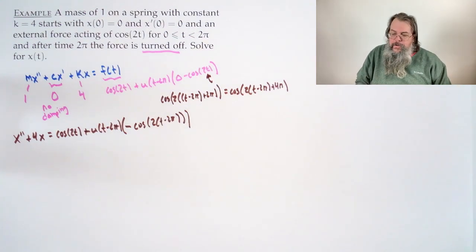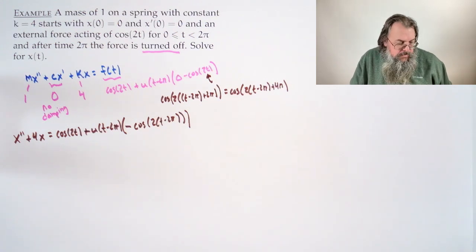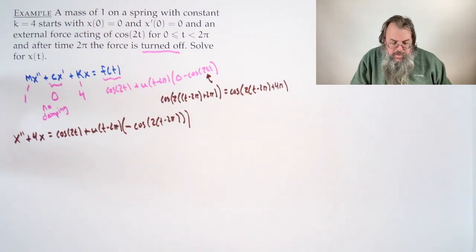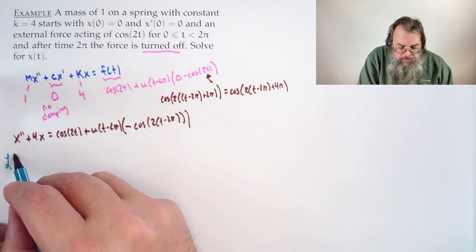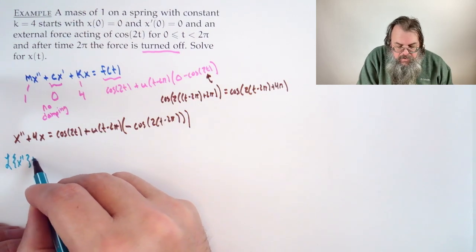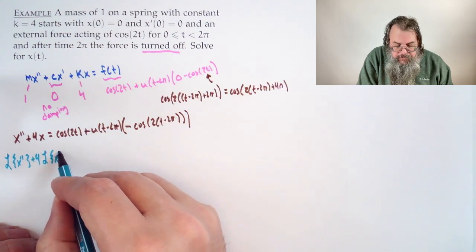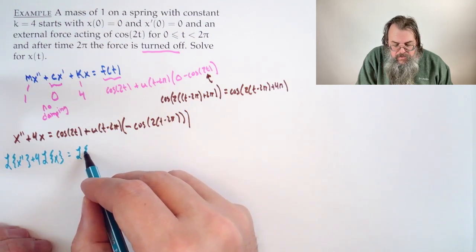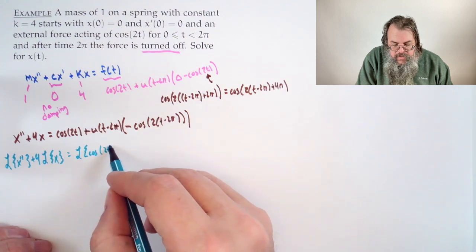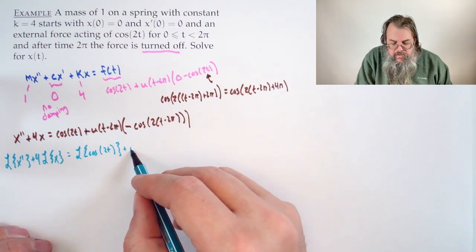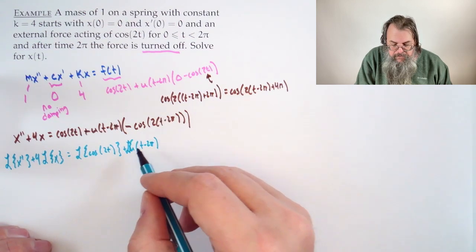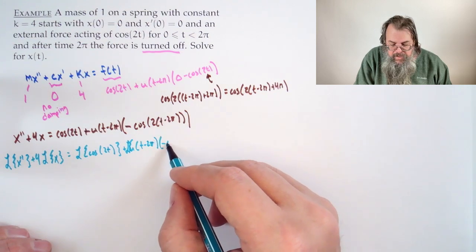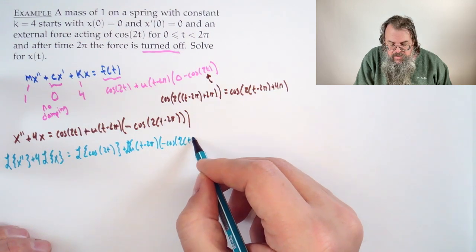Now, what do we have? Well, from here, we get the following. We're ready to take our Laplace transform. So, the Laplace transform of x double prime plus 4 Laplace transform of x is equal to the Laplace transform of cosine 2t plus u of t minus 2 pi, and Laplace transform of that, times minus cosine 2t minus 2 pi.